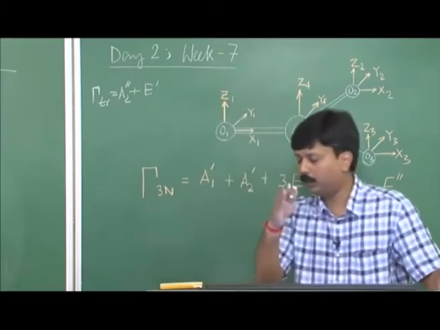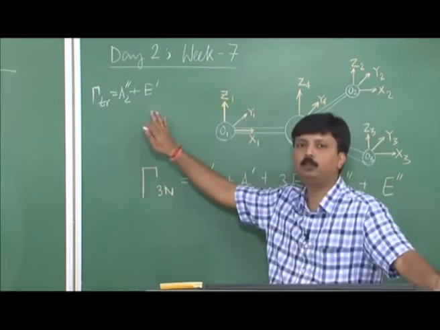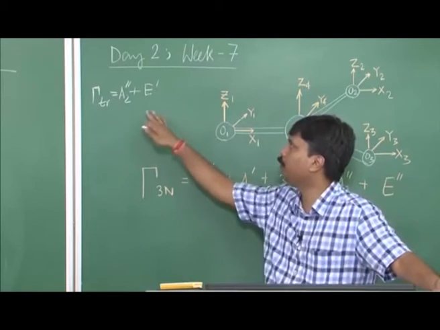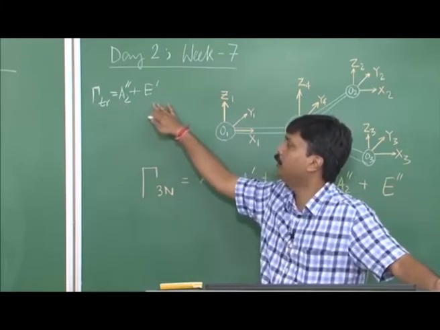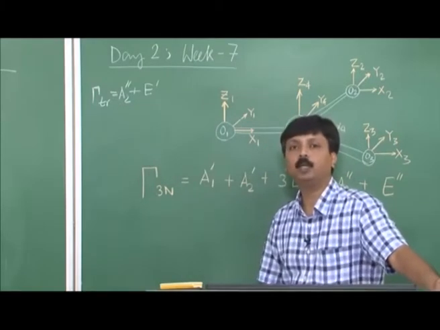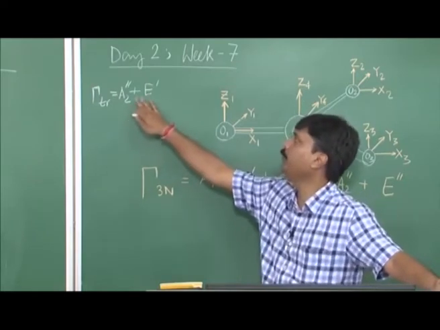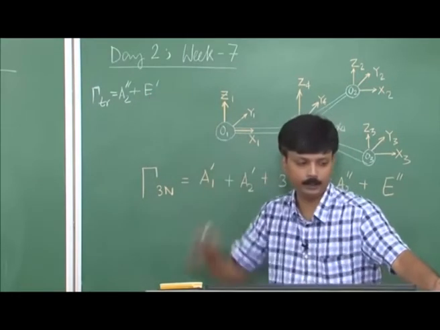Or in other words, the translational motion for this particular molecule transforms as A2 double prime and E prime irreducible representations.